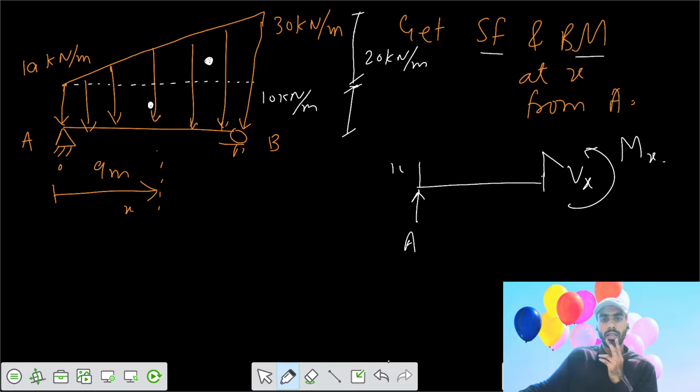This is your 10 kilonewton per meter, and it varies to a point that is your Wx. This is your shear force at x, Vx, so your variation is downwards.